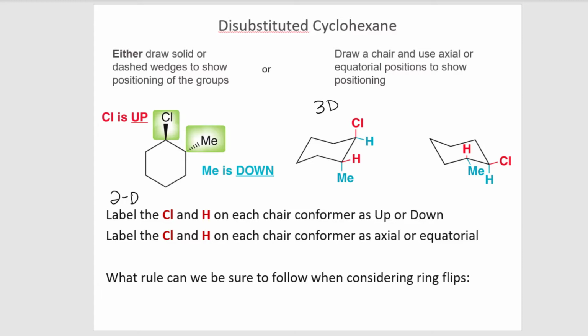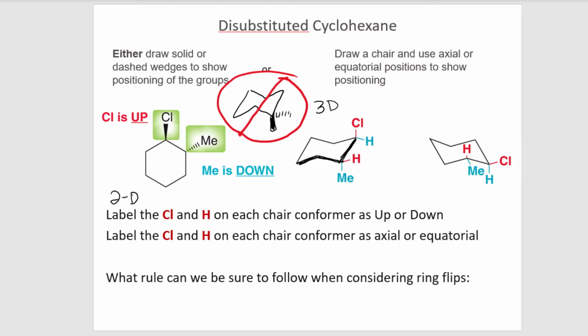Okay? What I don't want you to do, I don't want to see this. Okay? That is absolutely wrong. You do not use wedges and hashes on what's already a three-dimensional representation, right? Remember this front edge, I'm okay if you like darken it a little bit to give it some perspective, but these are 3D drawings, and they shouldn't have wedges and hashes.